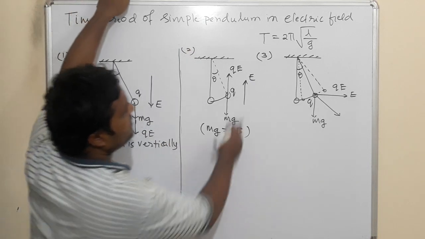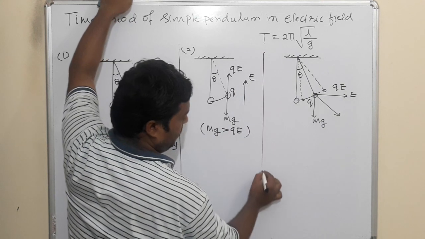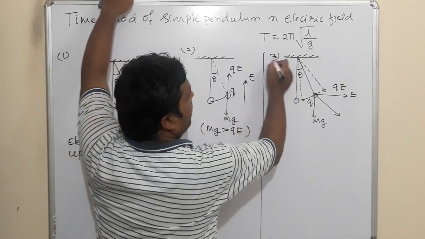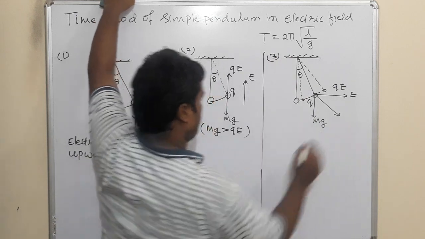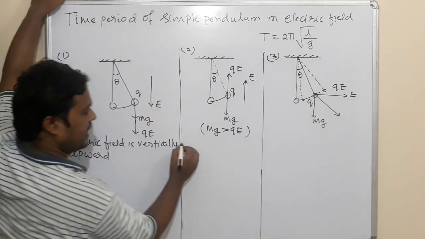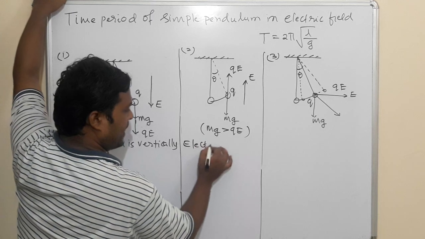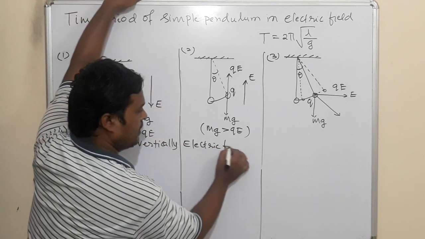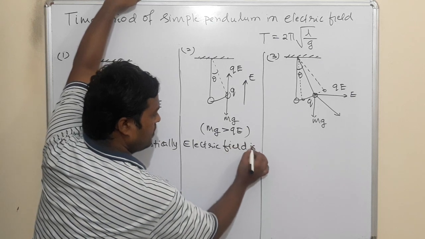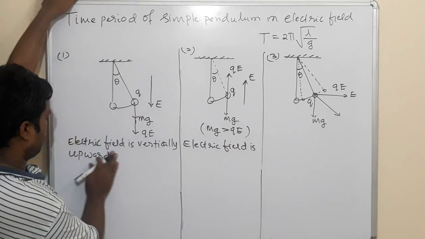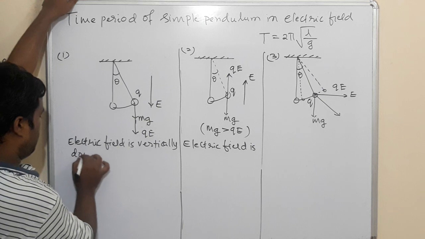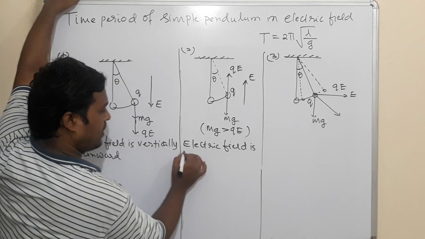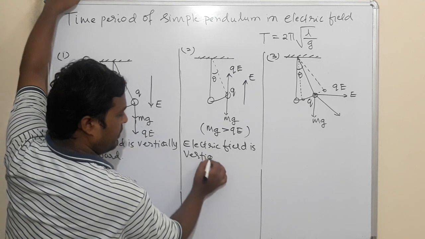In the second case, let us say the field is acting vertically upward, and in the third case the field is horizontal. So in this case, what is the direction of the electric field? Vertically upward. Electric field is here, sorry, it is vertically downward. Then the electric field is in which direction here?